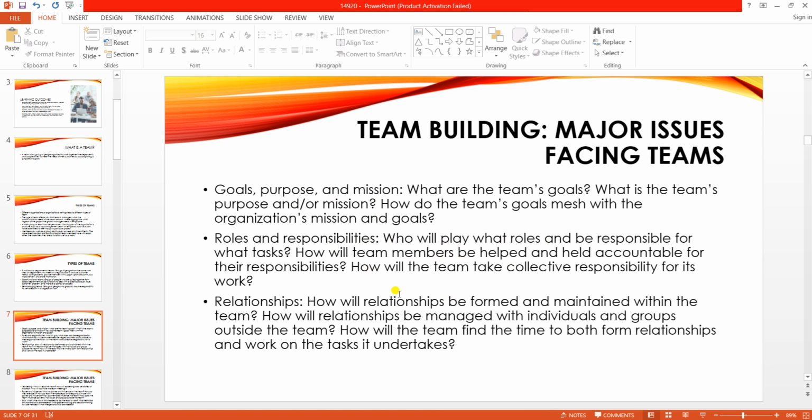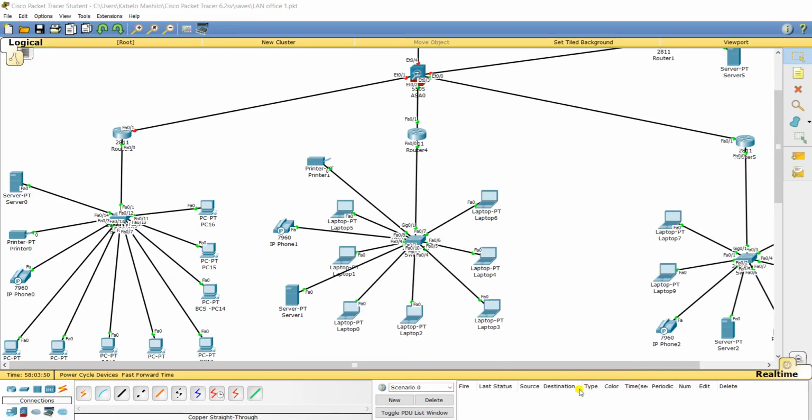For instance, in creating this LAN, the organization is a consultancy agency, where the organization deals with networking. So the organization's goal is to secure and build networks for their clients. So their mission or their goals correlate with the skills that the employees have.